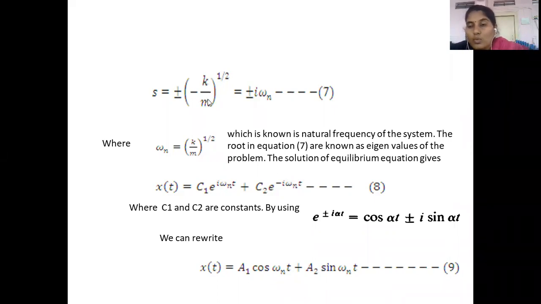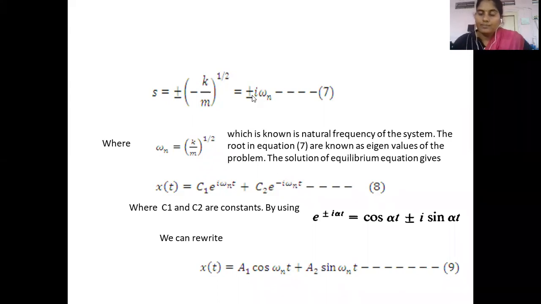So root of i square is equal to i, and omega n, what is this omega n? Omega n is equal to root of k by m. Omega n ची value काय आहे? It is the natural frequency and it is root of k by m, so omega n square is equal to k by m. So the terminology s will become here in terms of i and omega n.